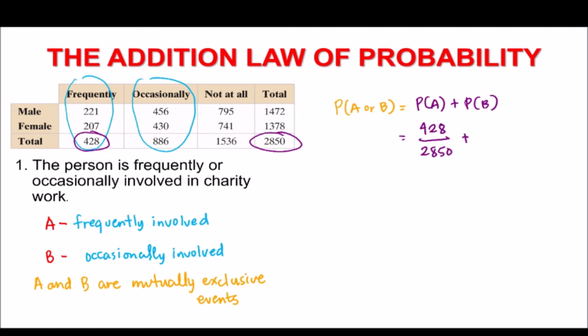And the probability that the person is occasionally involved is 886 over 2,850.